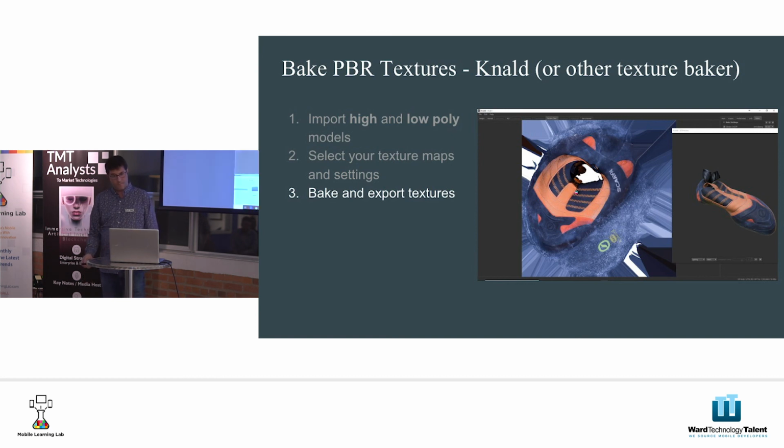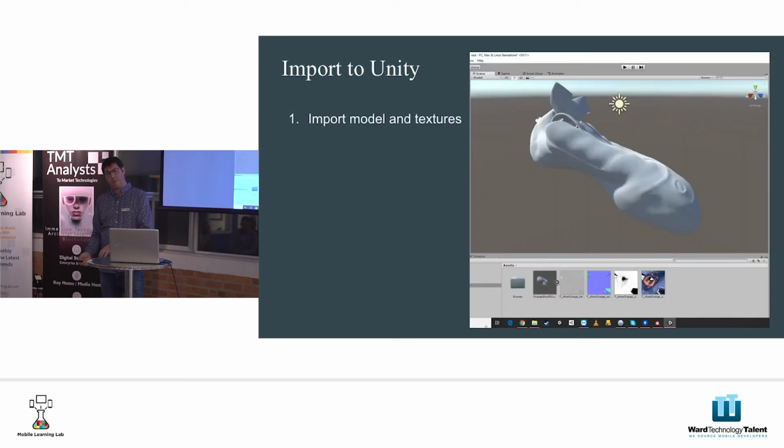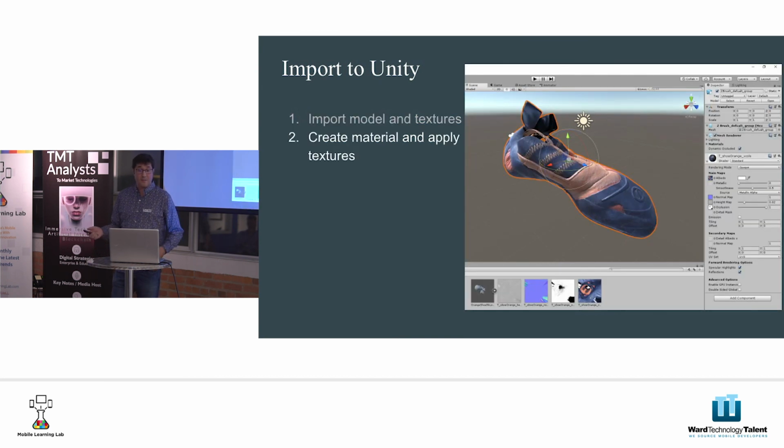So when I bring my low poly model into Unity, which is another game engine, it's similar to Unreal, now I'm going to apply these models, and here's what I get with just the standard shader and the standard lighting in a new Unity project.